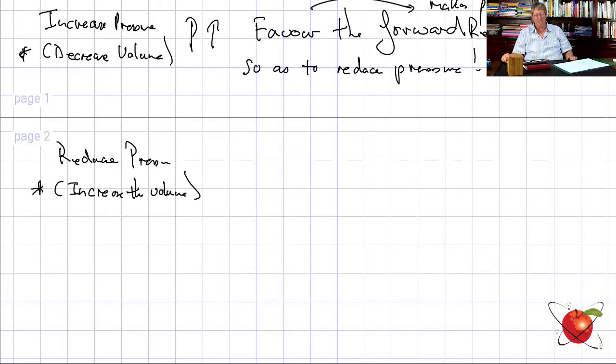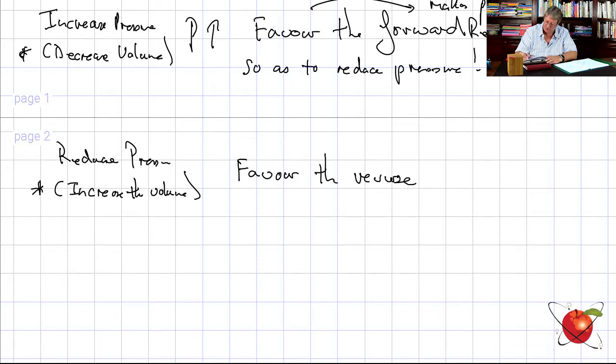Okay, I'm reducing the pressure, which means the volume gets bigger. I'm making it a bigger space that the gas is in. So what am I going to do? According to Le Chatelier, I have affected one of the constraints or one of the things affecting a reaction. I'm therefore going to change it. What am I going to do? This change will favor the reverse reaction.